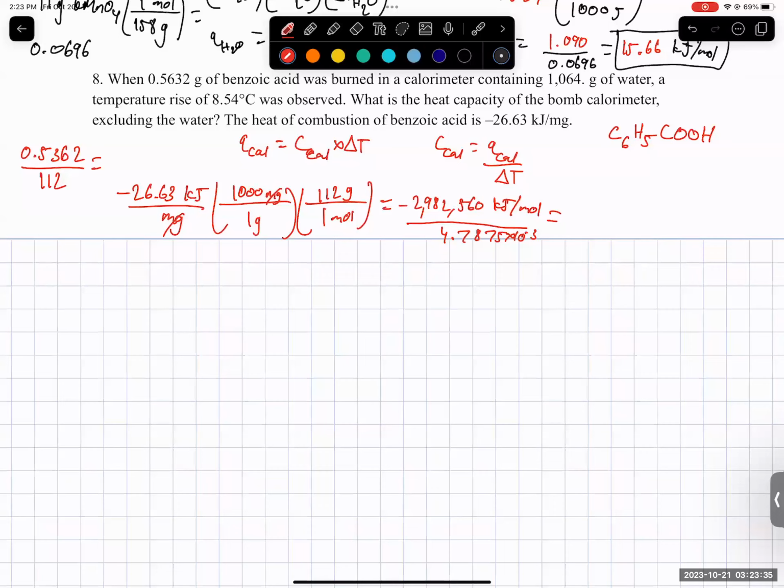I don't know how you got that done. Because you're saying that equation equals negative 92,560. Yeah.